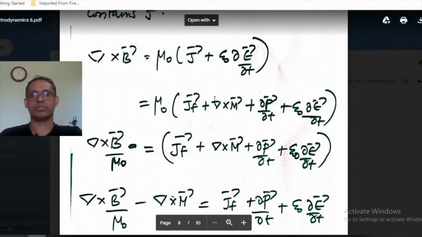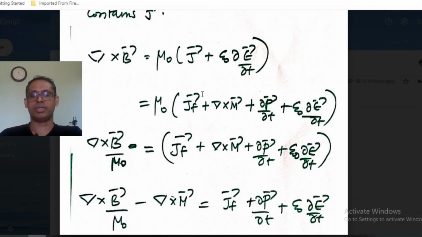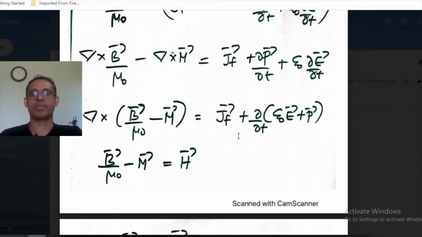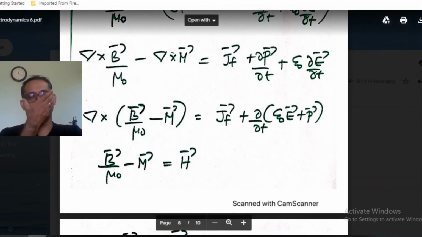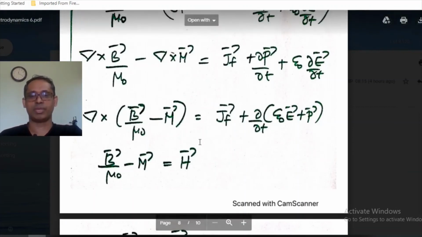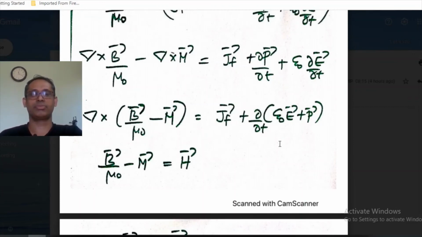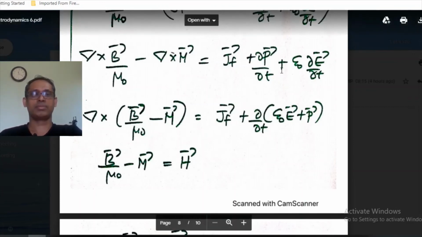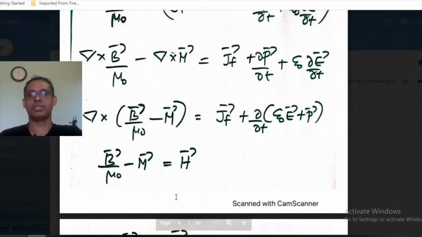So I have del cross B by mu 0 minus del cross M equal to JF plus dou P by dou T plus epsilon 0 dou E by dou T. So this is del cross (B by mu 0 minus M) equal to JF plus, combining these two, dou by dou T of (epsilon 0 E plus P).